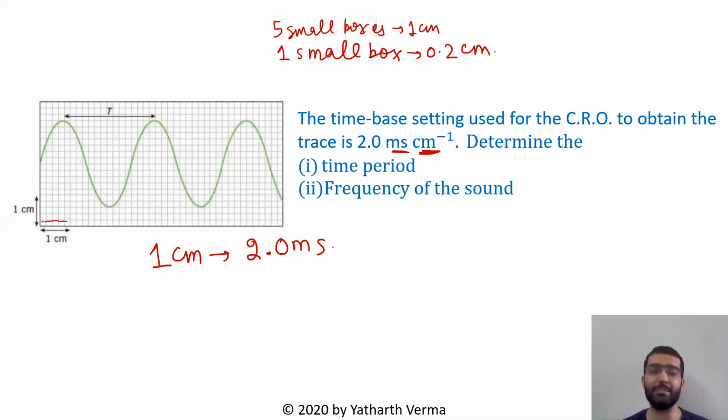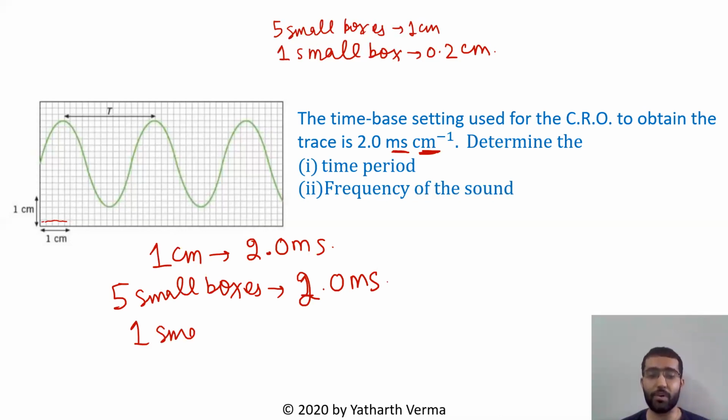And we know 1 centimeter is how much? 5 small boxes correspond to 2 milliseconds, right? Now one small box represents 2 upon 5 milliseconds, which is 0.4 milliseconds, right?